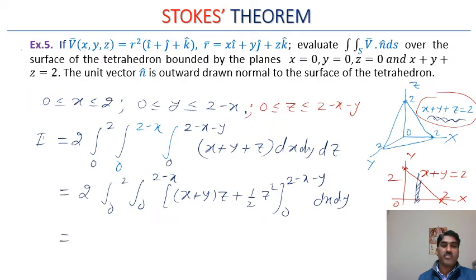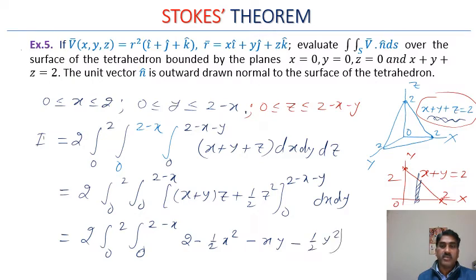Now on simplifying you can get it as 0 to 2, 0 to 2 minus x, and on simplifying the content of the integrand you will get 2 minus half x square minus xy minus half y square, dx dy.